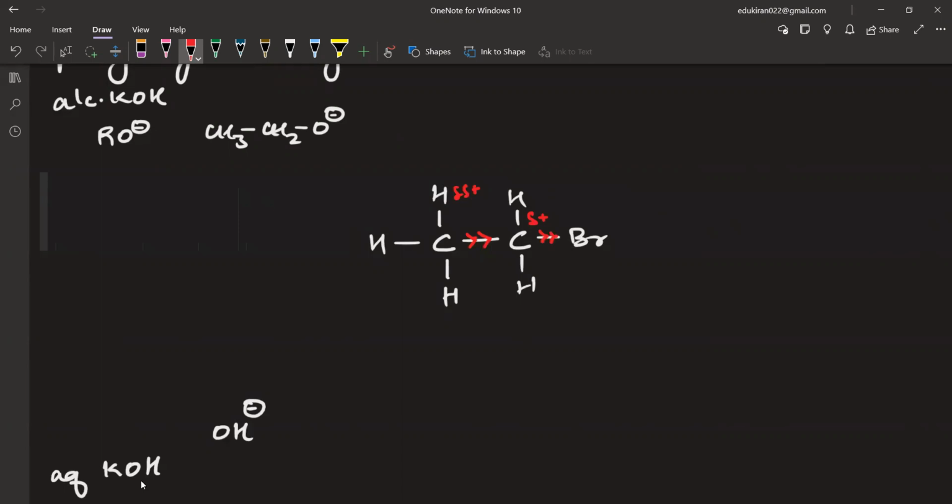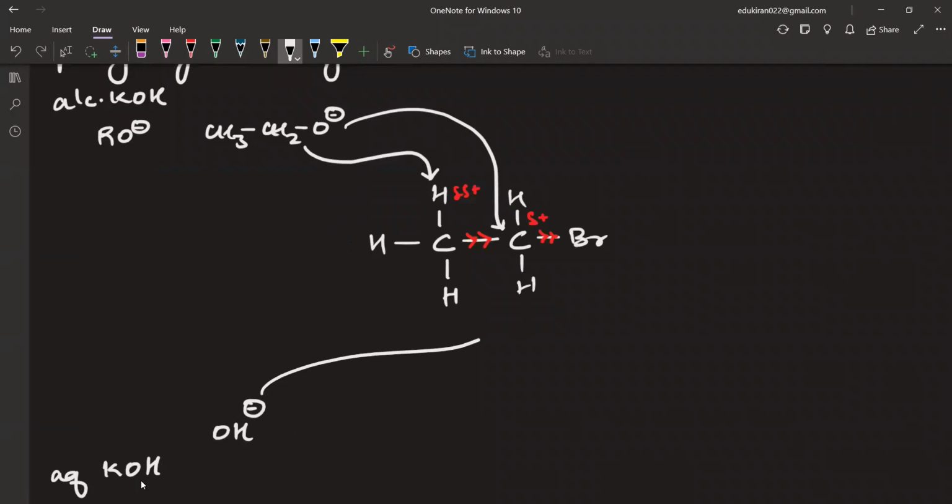Now CH3CH2O negative can either attack on this carbon atom, or on this hydrogen atom. Same thing goes for OH negative also. It can attack on this carbon atom, or on one of the beta hydrogens.